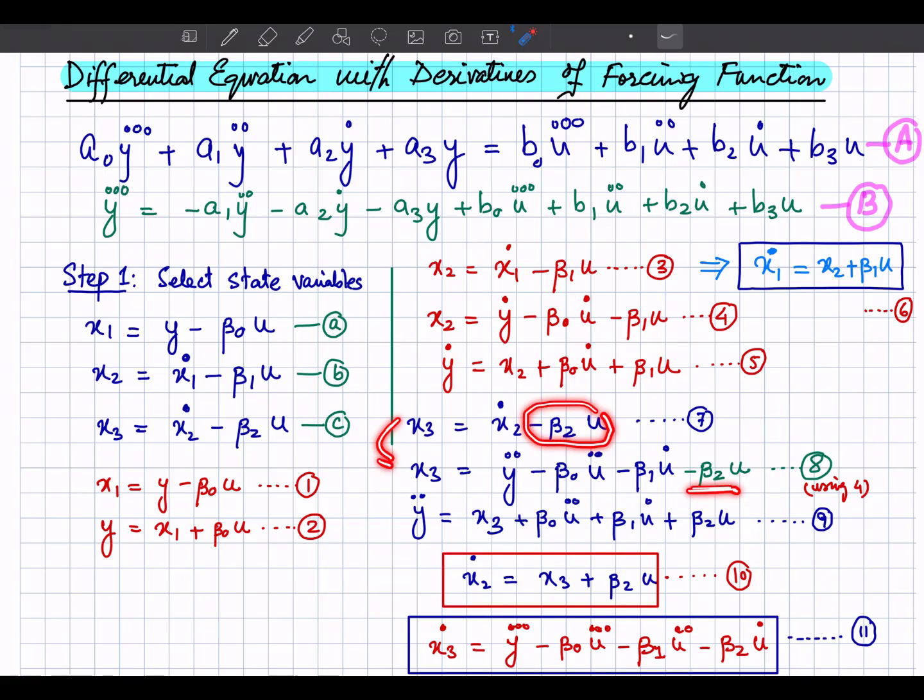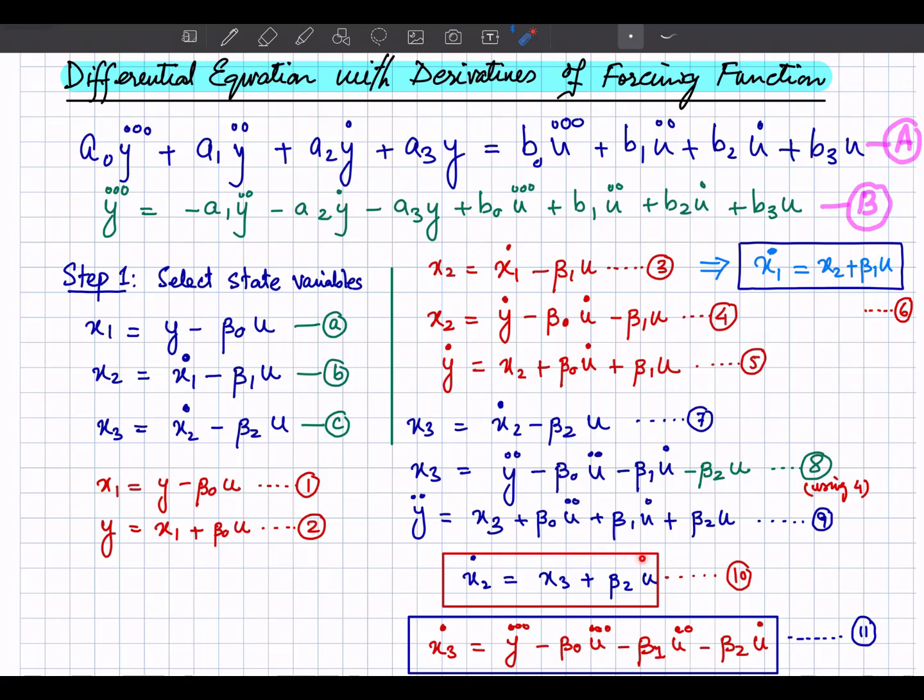So this equation can be written like this, and if I rearrange it for the output, y double dot will be equal to x3 plus beta naught u double dot plus beta 1 u dot plus beta 2 into u. And using this equation we can write that the x2 derivative is equal to x3 plus beta 2 into u, right?